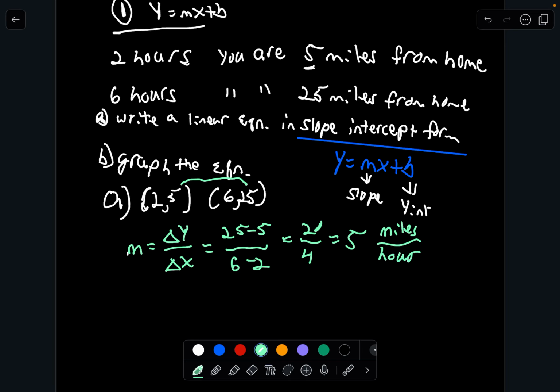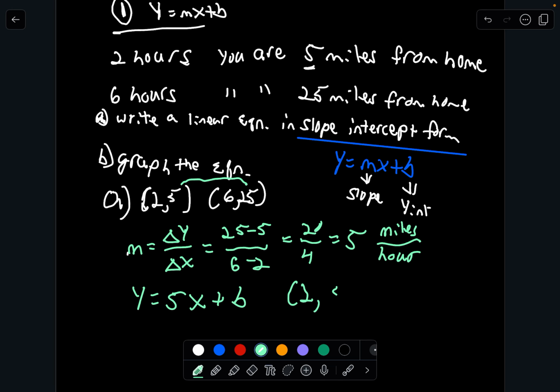Okay. And then it says in 2 hours you are 5 miles from home. So your equation looks like this so far: y equals 5x plus b. We want to figure out b.